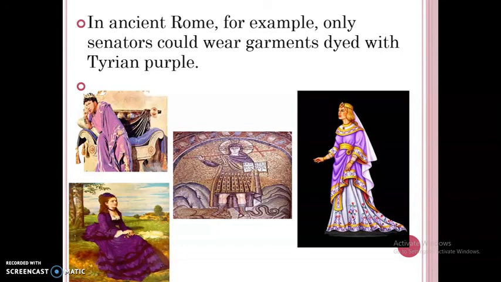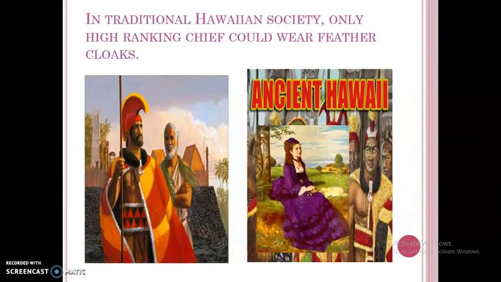Tyrian purple is a natural dye extracted from sea creatures, and it was extremely expensive, so only royal and rich people could afford it. So this was also a status differentiation in historical times.